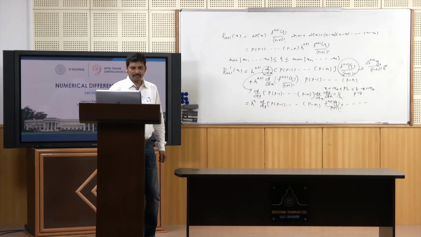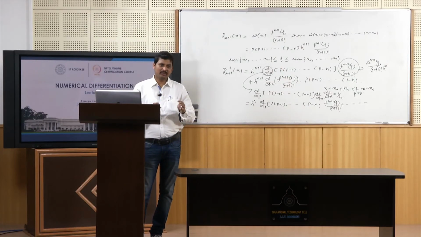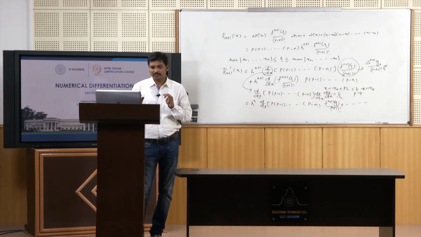So, based on this, if we are asked to compute up to third differences and then obtain the error term, then obviously we can write this as the fourth term, since the divided difference up to third order can be approximated in a polynomial form. The immediate next term can be considered as the error term for that position.